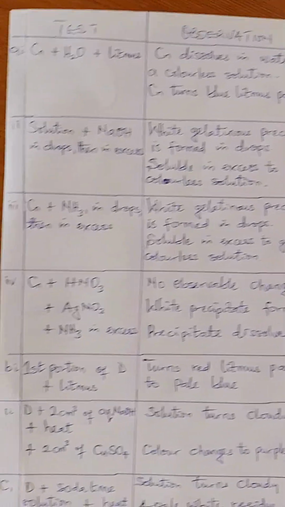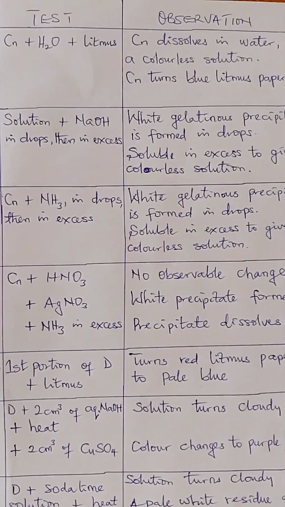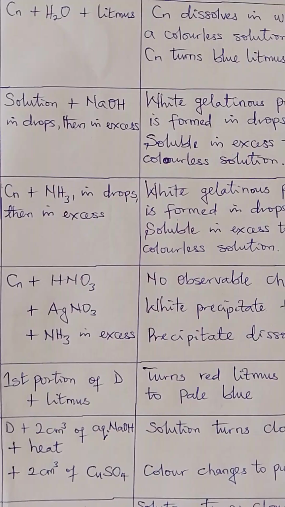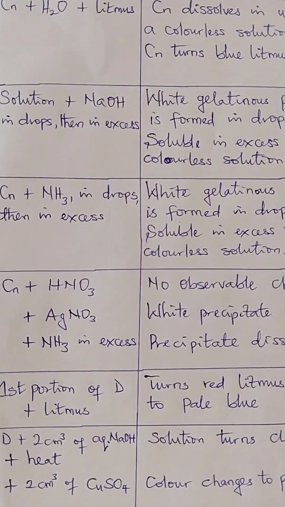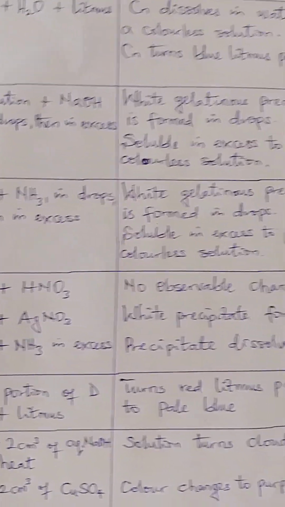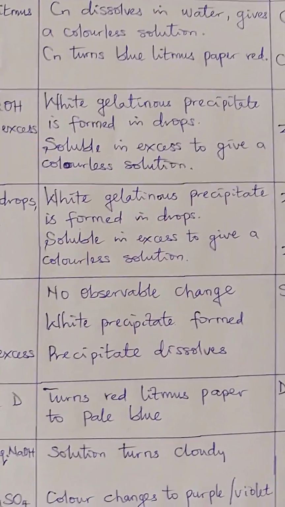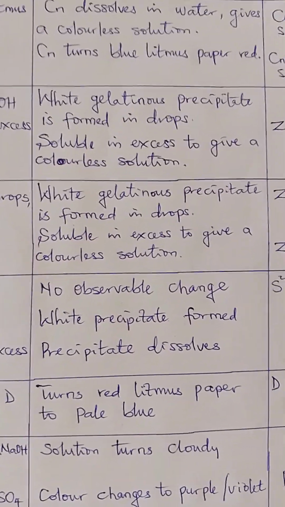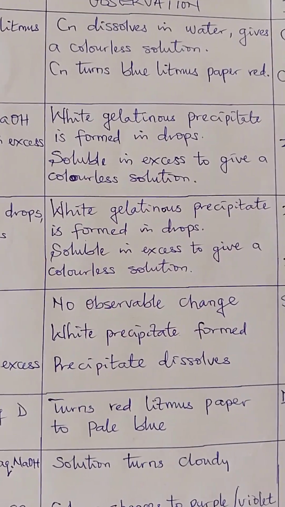Now, if you mix the solution of the salt Cn with ammonia in drops, then in excess, when you put it in drops, there will be a white gelatinous precipitate formed. Then in excess, it will be soluble. The gelatinous precipitate will dissolve.